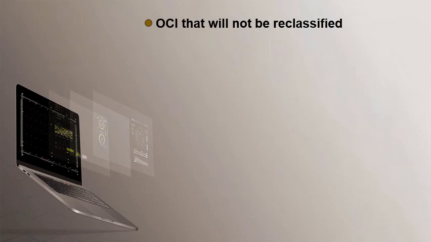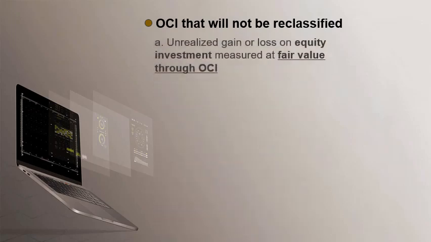Let's discuss the items of other comprehensive income that will not be reclassified. A. Unrealized gain or loss on equity investment measured at FVTOCI. The previous slide was about debt investment.